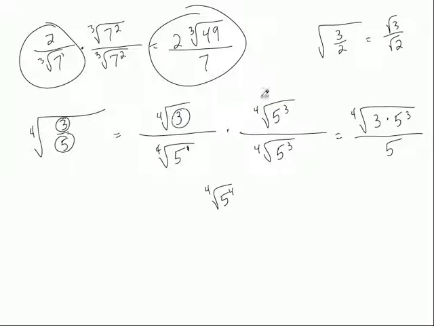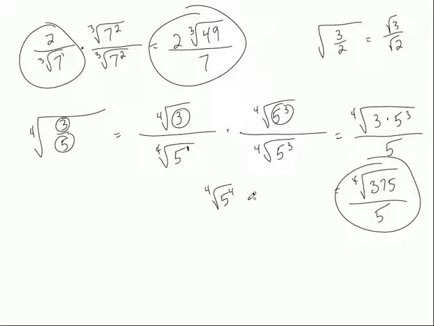I just multiply these two together right there. Somebody do that on a calculator for me. What's 5 cubed? 5 times 5 times 5 is 125. And then 125 times 3 is 375. So we just write the fourth root of 375. And that whole thing is over 5. And there you go. That's it. That and that is exactly the same thing.